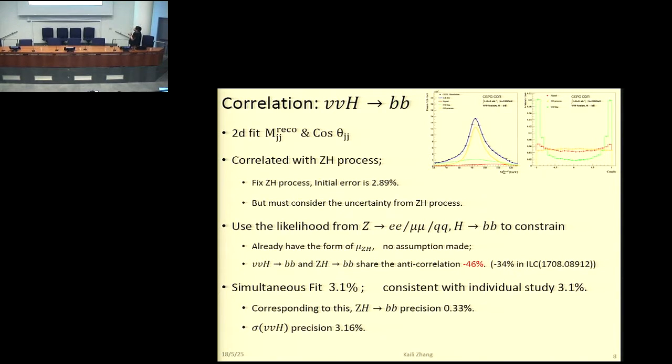And so in the simultaneous fit, we get the WW fusion process precision of about 3.1%. And this is also consistent with the individual study, which will be introduced by Liang Hao in the following talk, which is 3.1%. And also we can get that the precision of the cross-section of the ννH process is 3.16%.